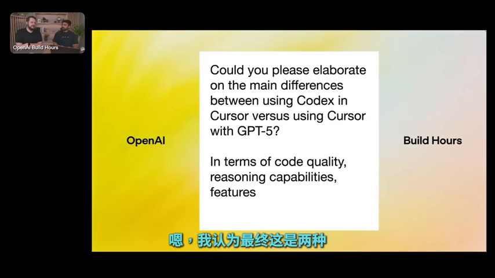I think ultimately it's 2 different harnesses. And I found myself sometimes switching between the 2. But Codex in Cursor, which uses GPT-5, actually then integrates into the rest of the Codex ecosystem, right?